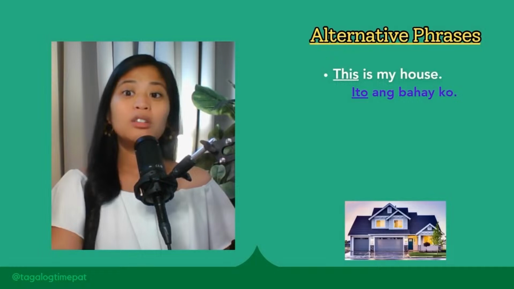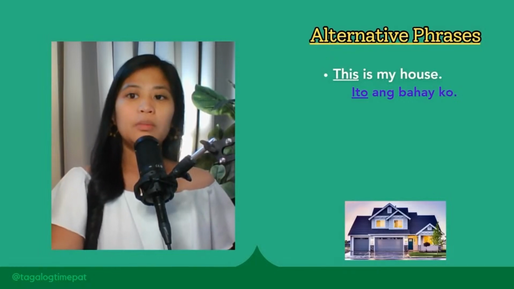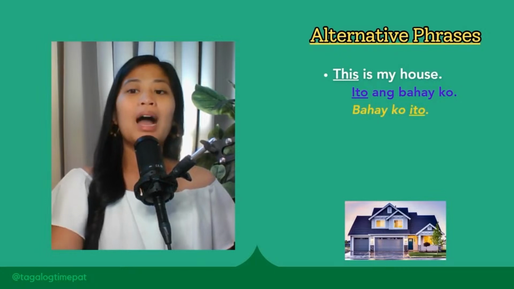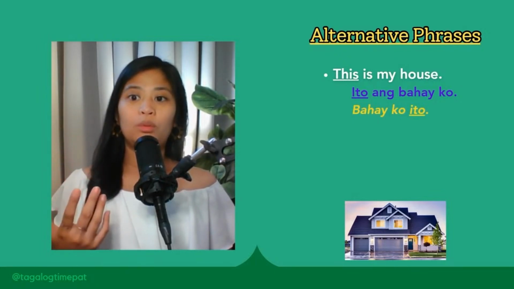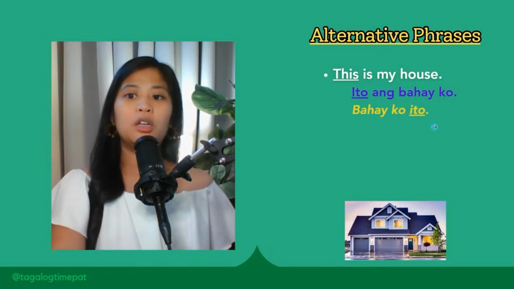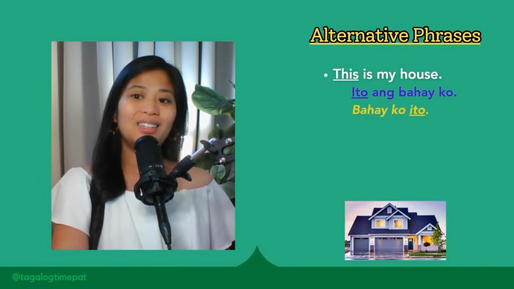Now there is an alternative way to say these phrases, which is still correct. So this is my house, we just learned, ito ang bahay ko. You might also hear it as bahay ko ito. So it's using that demonstrative pronoun ito, and then there's the object and there's the pronoun. So the word order is switched up and we took out the word ang.